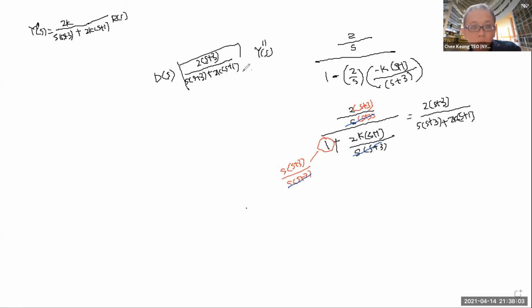So this is your new expression. So your Y double prime of S is actually 2(S plus 3) over S plus 3 plus 2K(S plus 1).